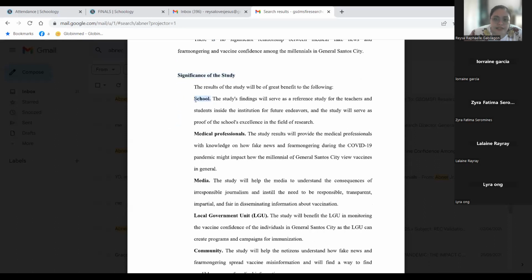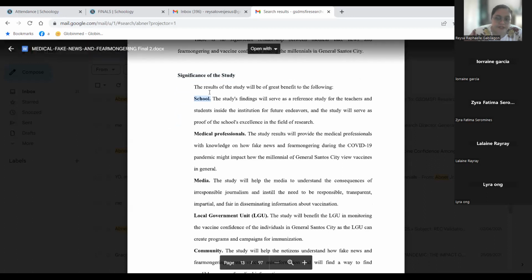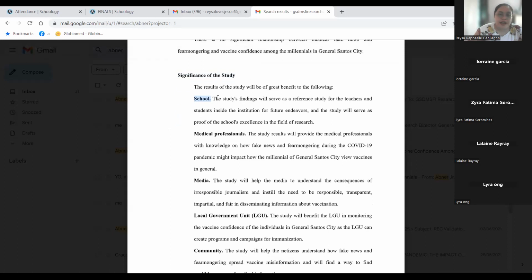And this is the example of a heading level 3. Okay, under the significance of the study, remember, we are like identifying the people or group of people that will benefit from our study. So you have here, example, the school. Ang heading level 3 class is indented, naka-bold, and then ang tawag dyan, sentence case capitalization.